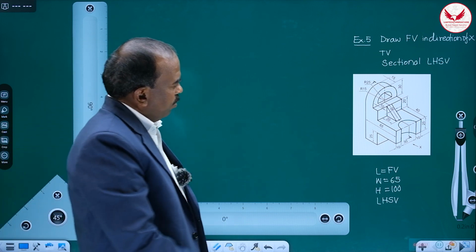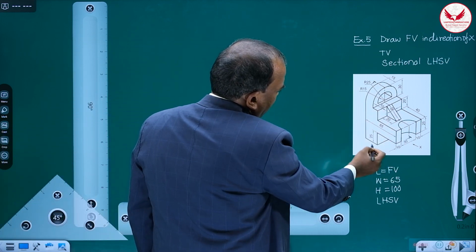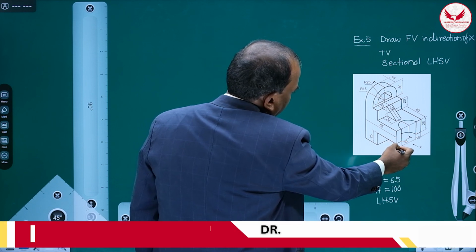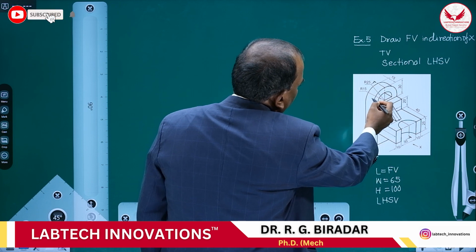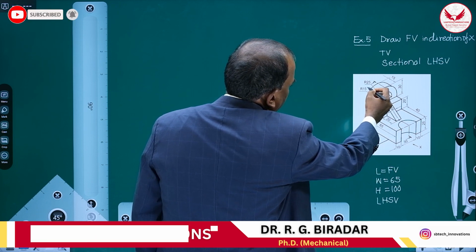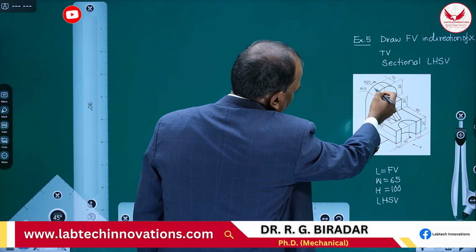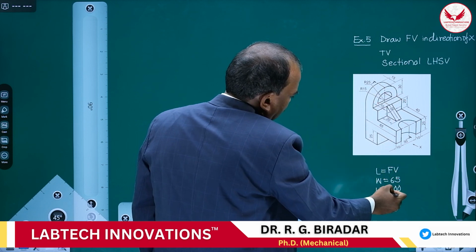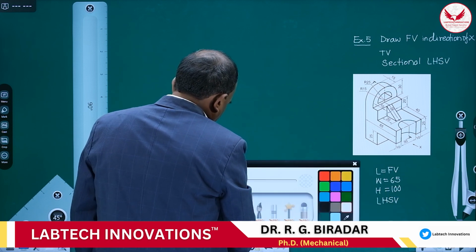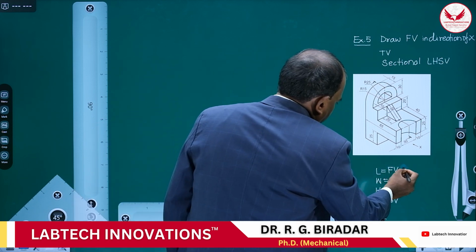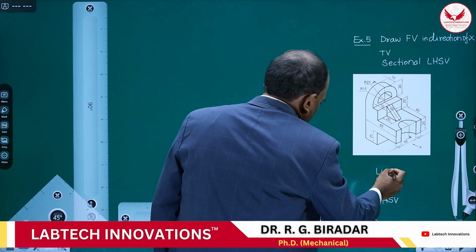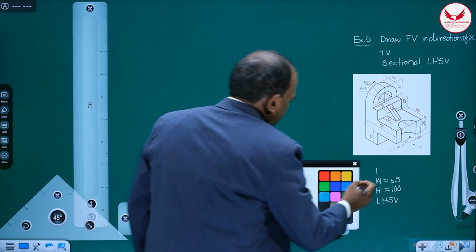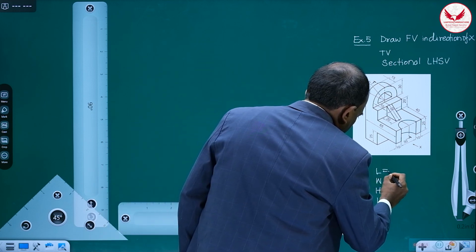From this object, if you see it neatly in this direction, the length of this object is going to be this radius 25, meaning the semicircular portion is going to be the length, so the length of this object is 50.